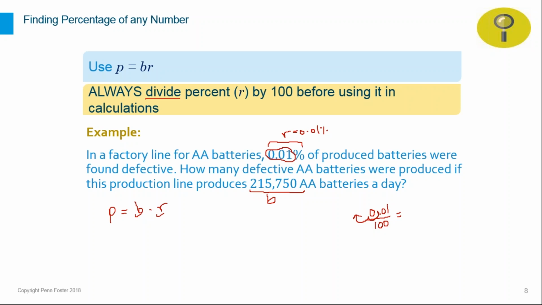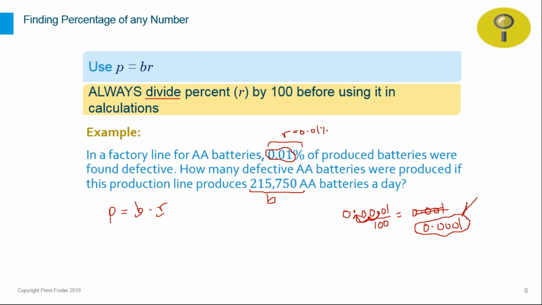So dividing 0.01 by 100 will result in 0.0001, that would be the value of the percent in decimal.